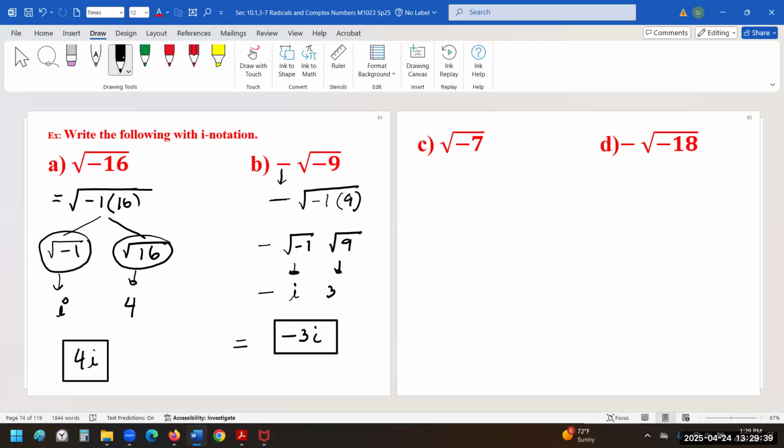7 and 18, are they perfect square numbers? No. So we're not going to get results like the left page. How do you split the negative 7? Square root of negative 1 and 7. What do you get from here? And from here?